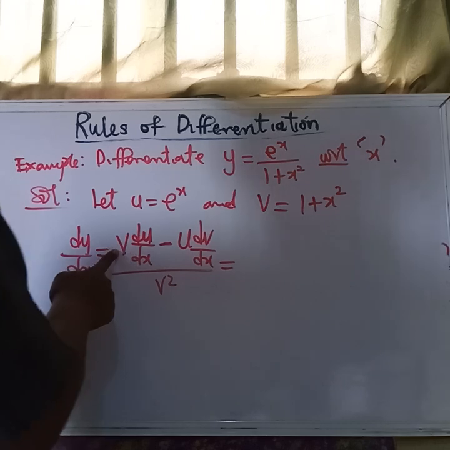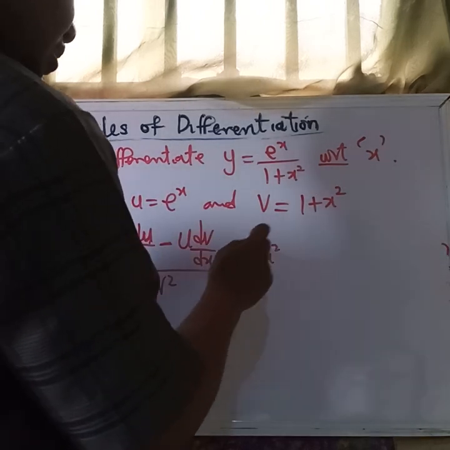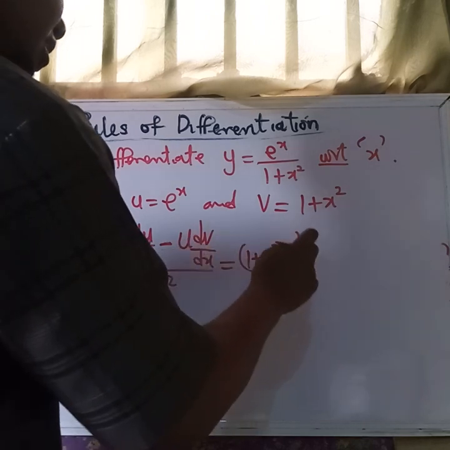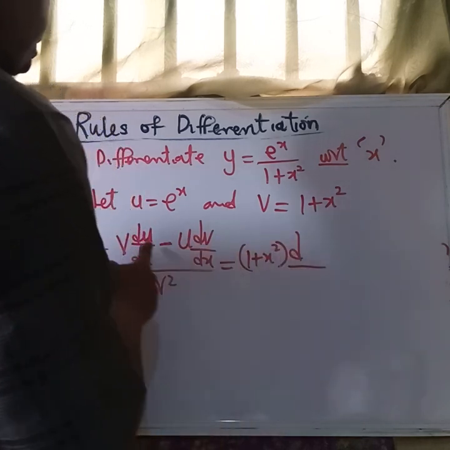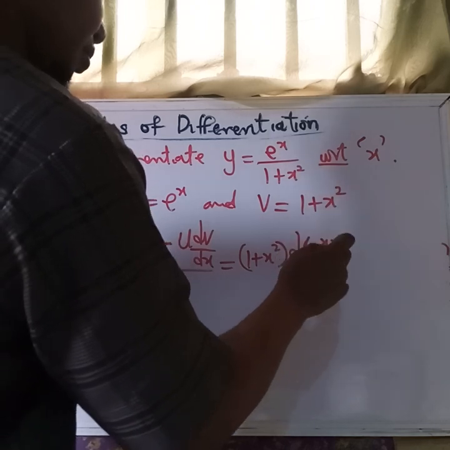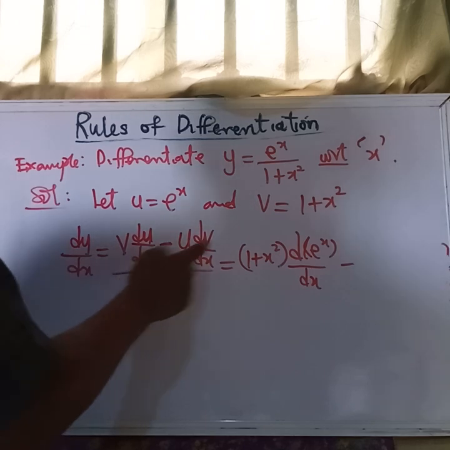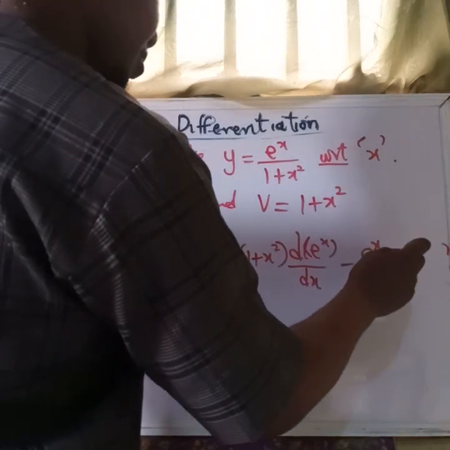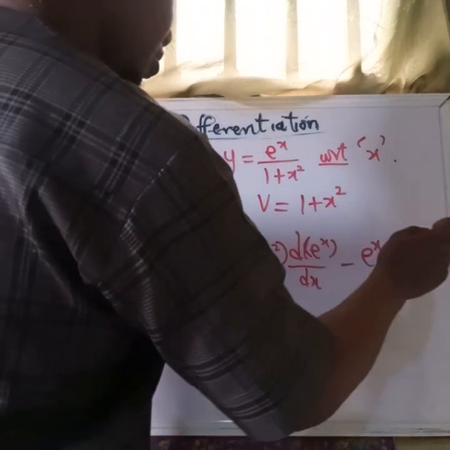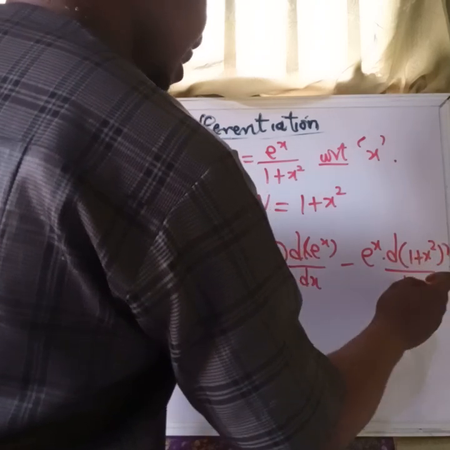From here, the value of v is 1 plus x squared, multiplied by d of u, where u is given by exponential x, so this is d of exponential x over dx, minus, again, u, the exponential x, multiplied by d of 1 plus x squared over dx.